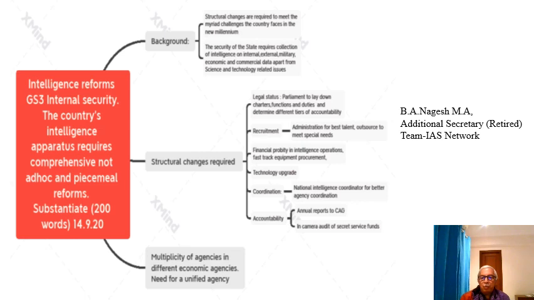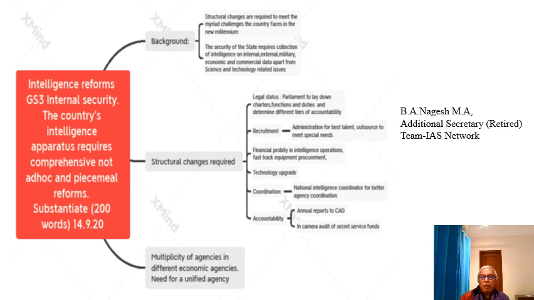Financial probity, to know how the intelligence operations are being done. Fast track equipment procedure, upgradation of technology.